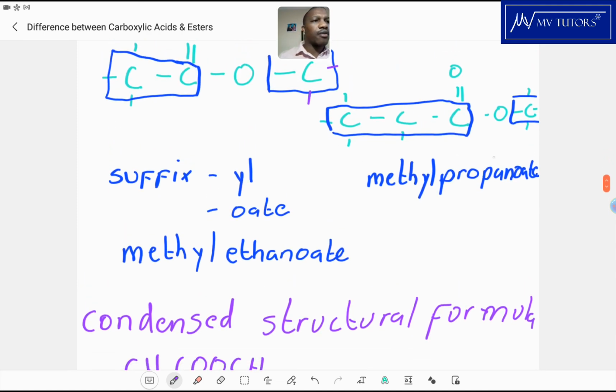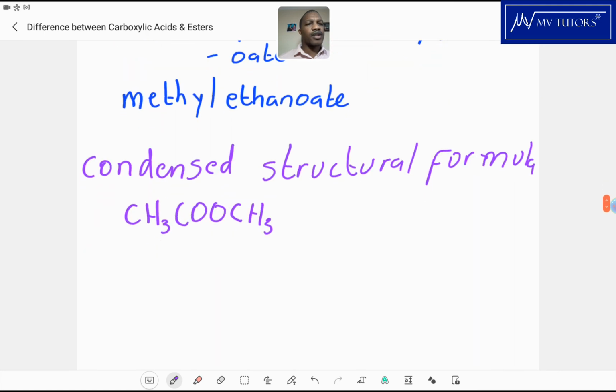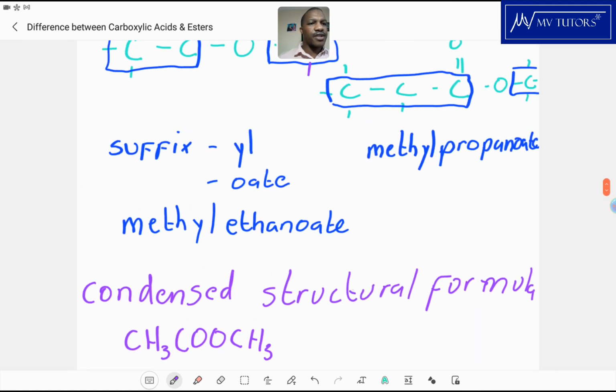Let's look at the methyl propanoate structural formula. The first C has 3 H's. The second one has 2 H's because there's one over there. The third C has an O and an O. And then the fourth C has 3 H's.